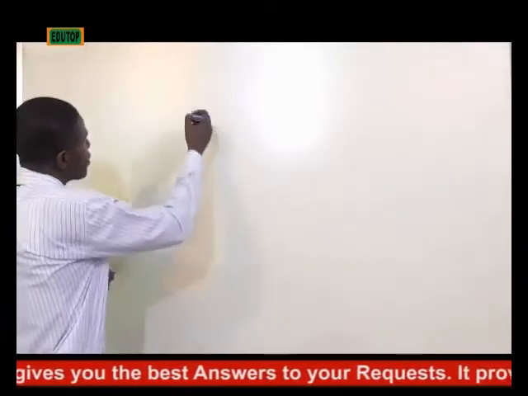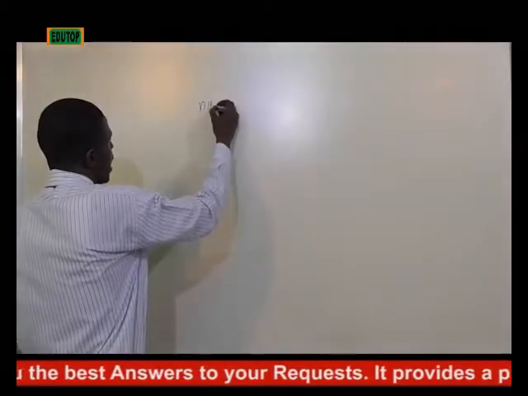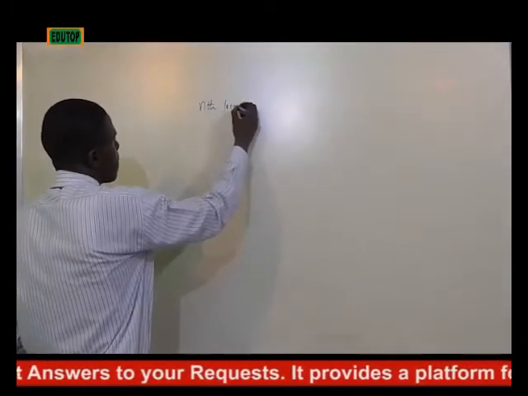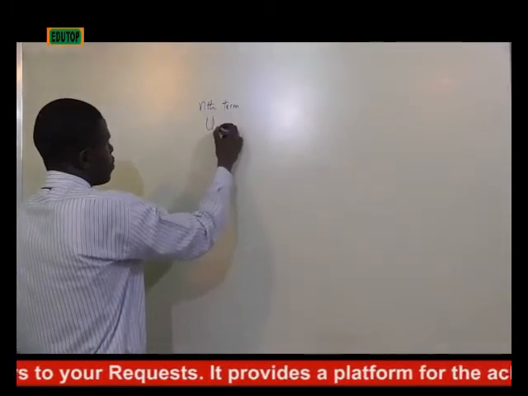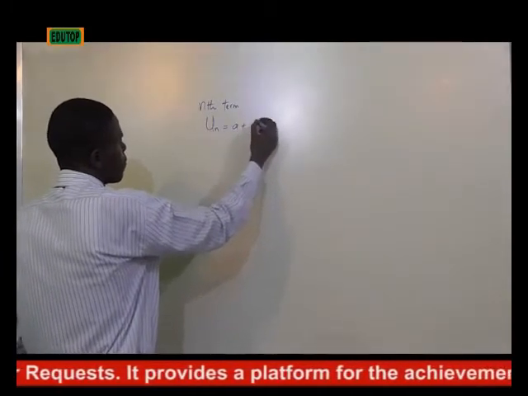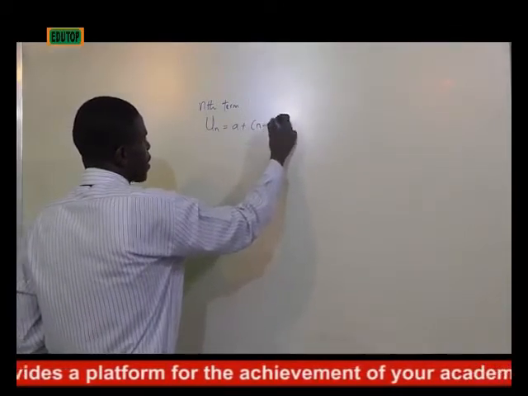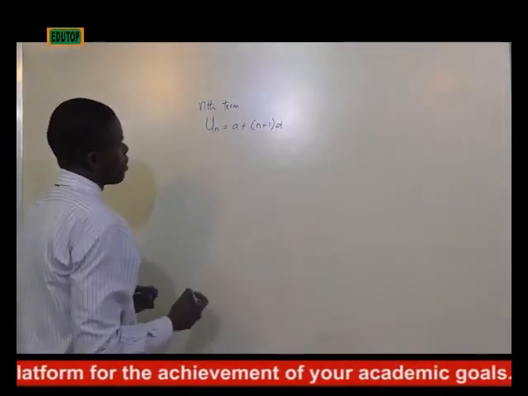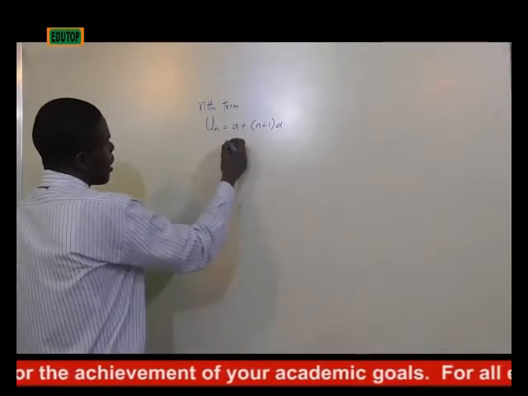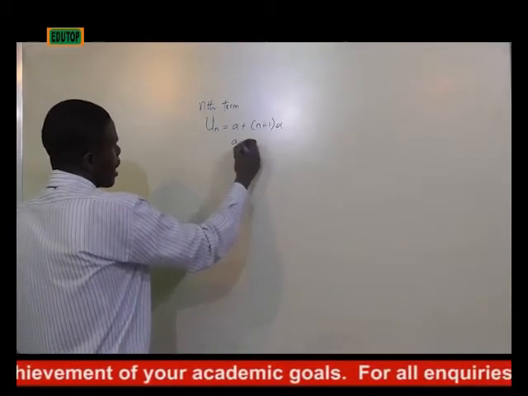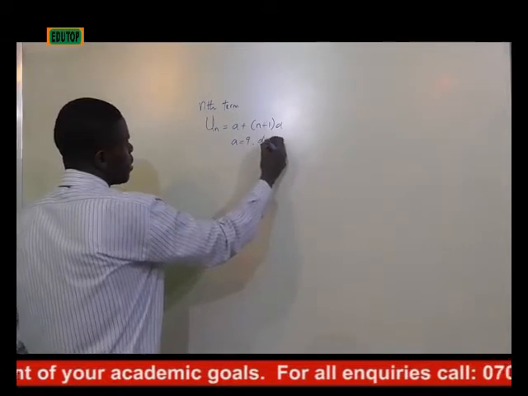Then for the nth term, using this same formula, since the sequence is in AP, automatically for the nth term, A is 9 and D is 3.